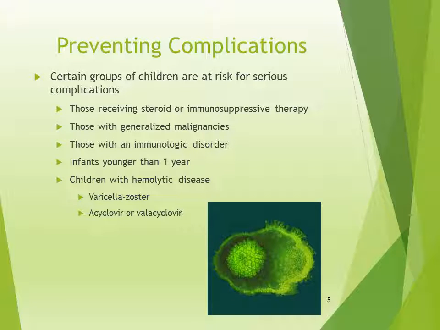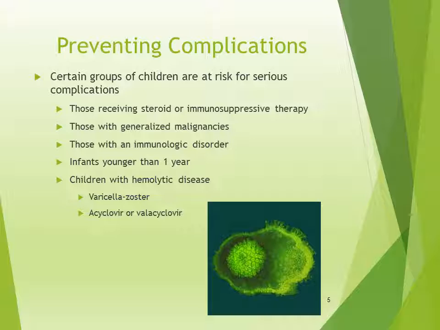We also want to prevent the complications of infectious diseases. For example, we want to recognize the groups that are very susceptible for the serious complications of communicable diseases. Once we start talking about each of these diseases, you will see that the children listed on this slide are the ones that are at the highest risk for the life-threatening complications.